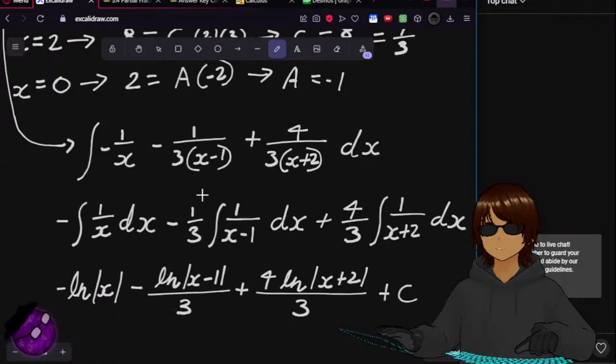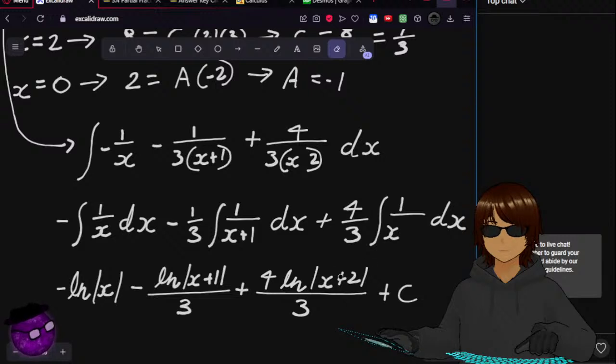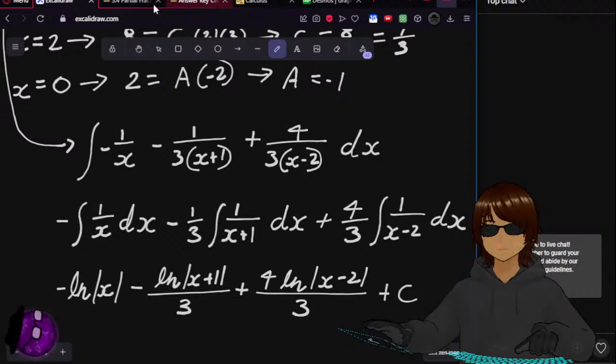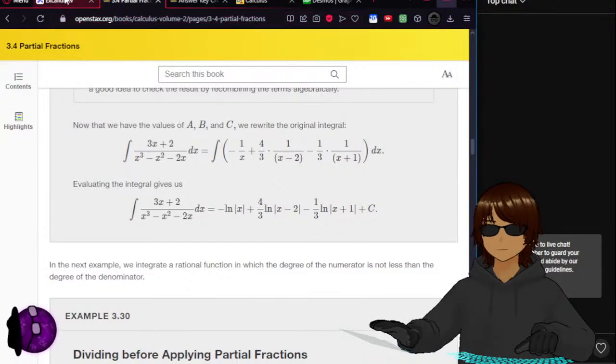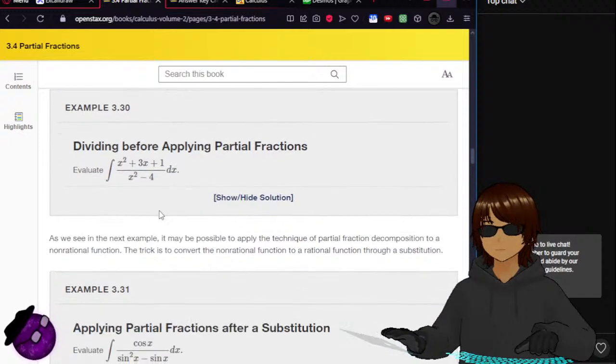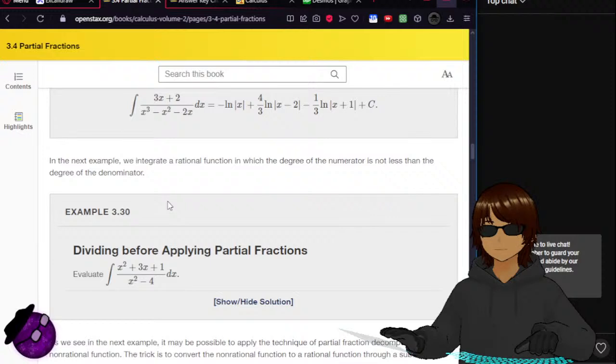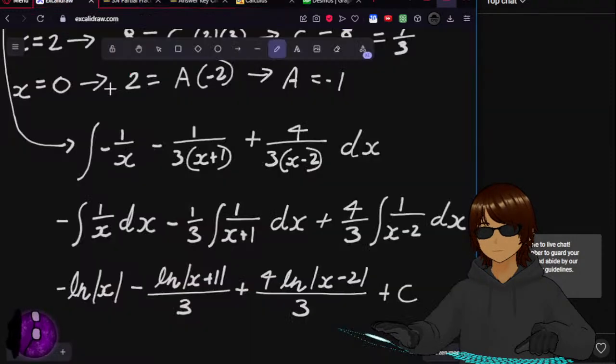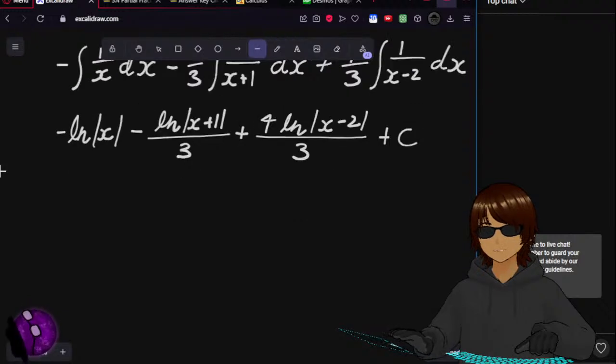No, wait, it's x plus 1, and then x minus 2. Then I guess the answer is correct. And let's try the next one.